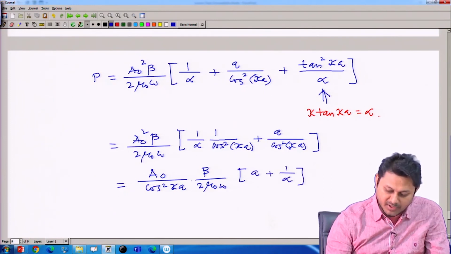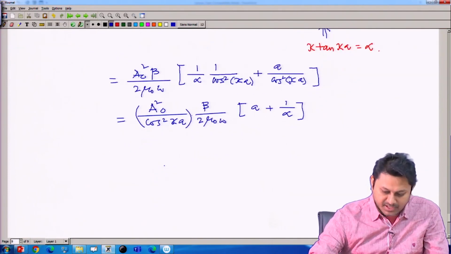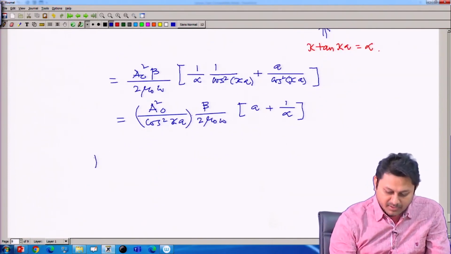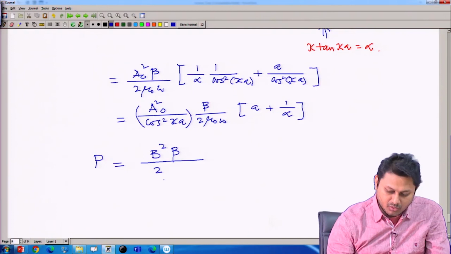So, that is a more compact form, and this quantity now is B square, the peak amplitude. So, my power eventually has a more compact form, which is B square beta divided by 2 mu 0 omega, and then a plus 1 by alpha.